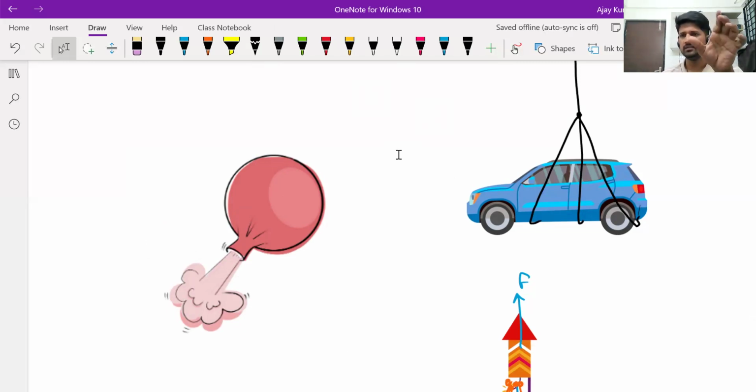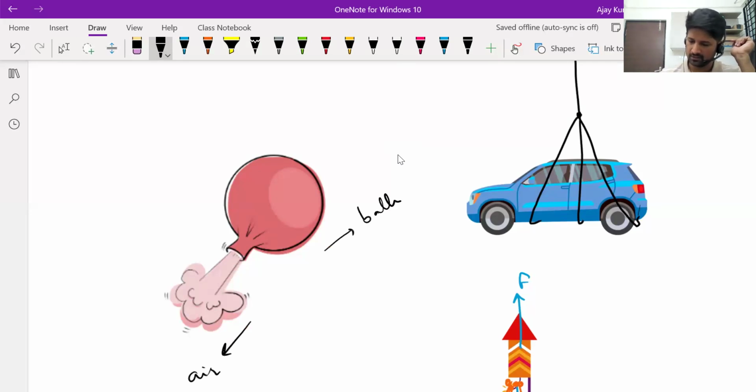The moment you released it, the balloon would not have had any velocity effectively. When we say balloon, we are talking about the rubber sheet and also the air inside it. That system as a whole was not moving the moment you released it. But after you release, what happens? Air molecules go one way and the remaining balloon goes the other way, right?